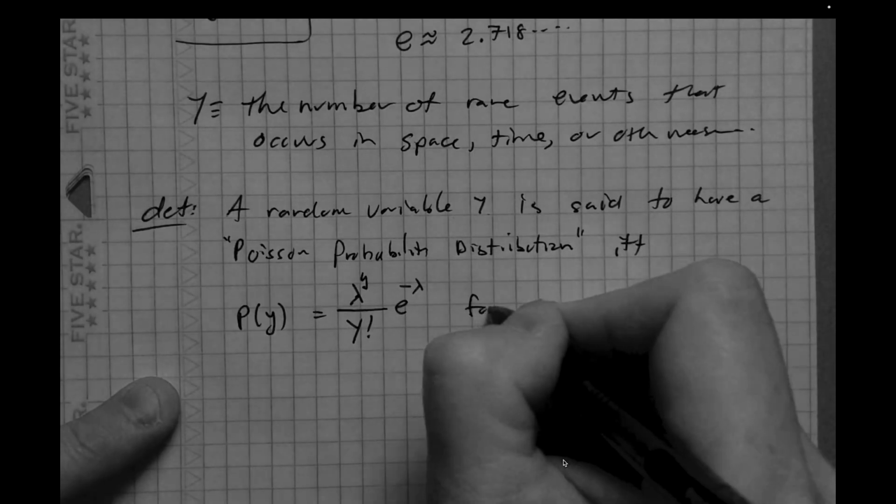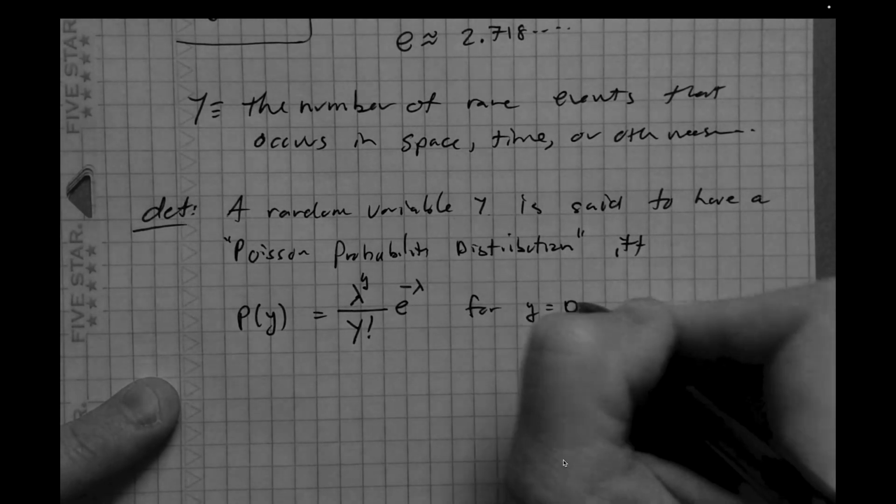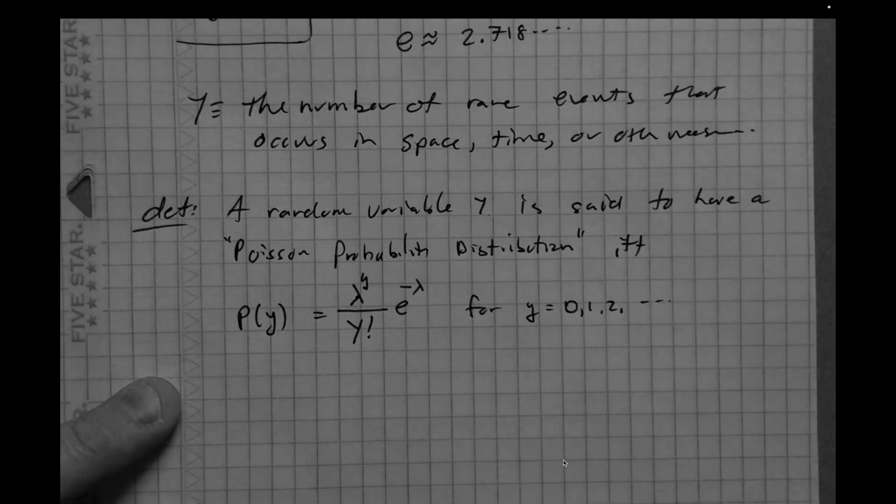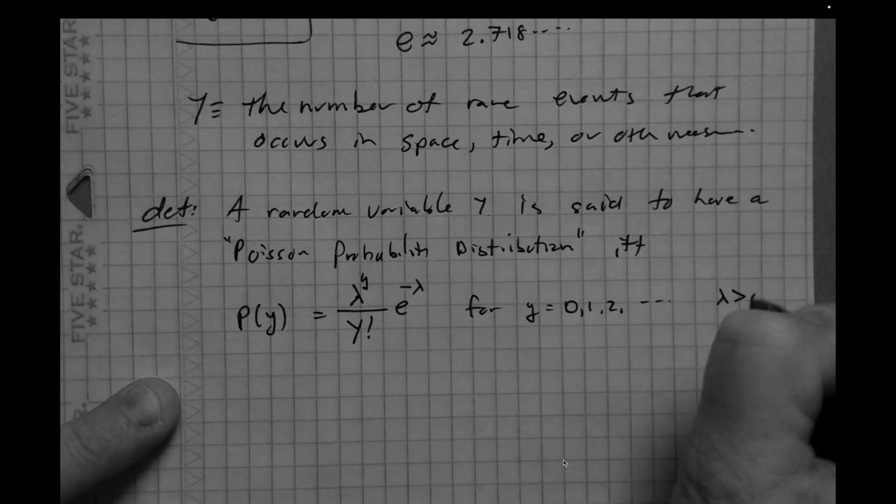And this is going to be for y equals 0, 1, 2, and on and on. And in this case, lambda has to be greater than 0.